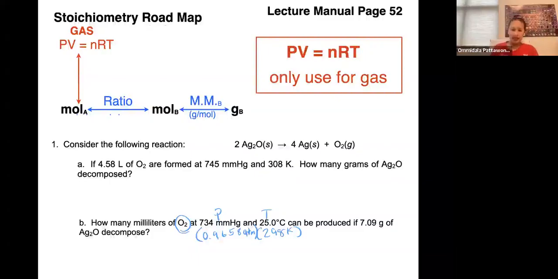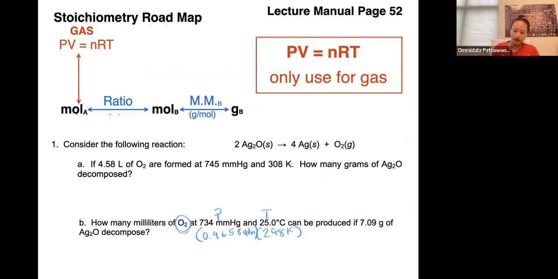In this case, it's asking you to find the volume of oxygen. It's giving you pressure and temperature, but we don't know the number of moles yet. So in this case, you need to first find the moles of oxygen in order to plug it in here, right? Without knowing moles, you're not going to be able to find the volume. And what else is given to us?